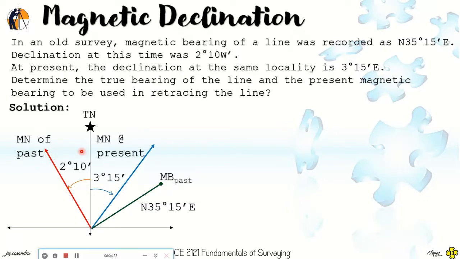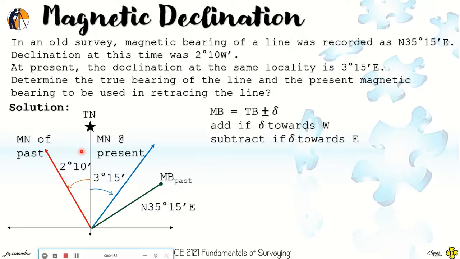So at present, we have our declination at 3 degrees 15 minutes. So our equation now for magnetic bearing is equal to the true bearing plus or minus your declination. So again, we add your declination if it's towards the west, and we subtract if the declination is towards the east.